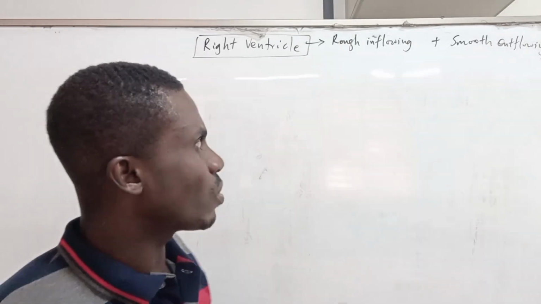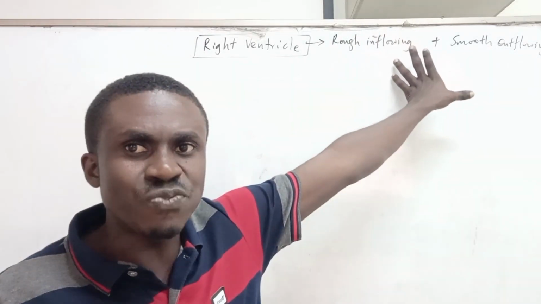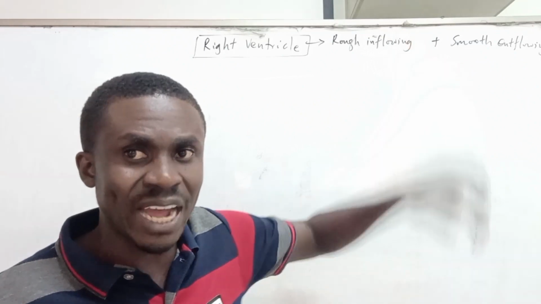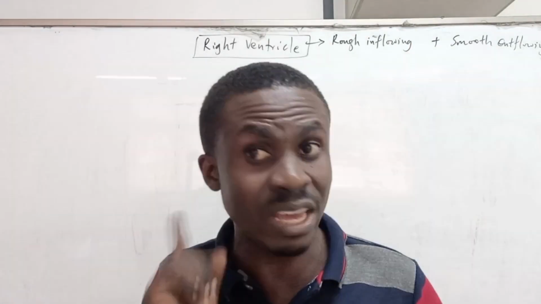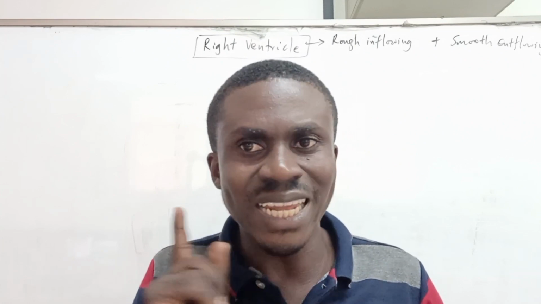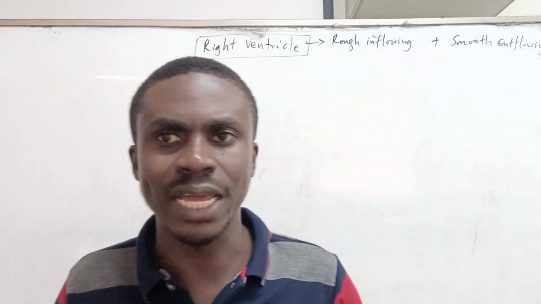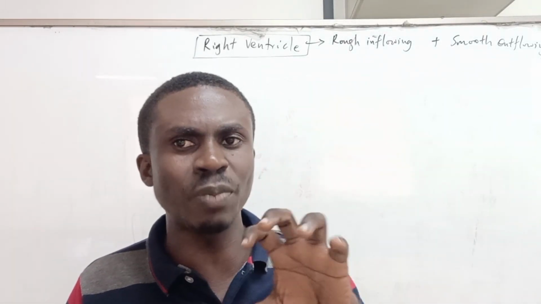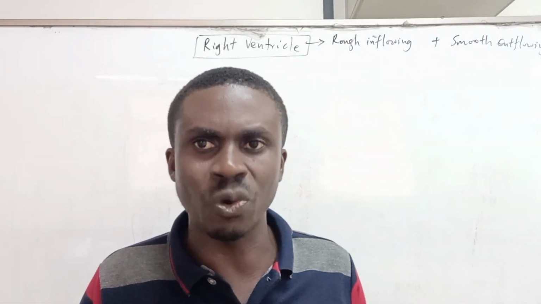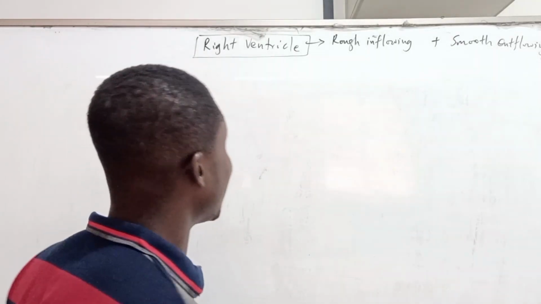In the case of the left ventricle, the rough inflowing or trabeculated part will be coming from the primitive ventricle. In the case of the right ventricle, it won't be coming from the primitive ventricle, but rather from the proximal 1/3 portion of the bulbus cordis. I've explained these terms in my previous videos. Try and understand these terms.